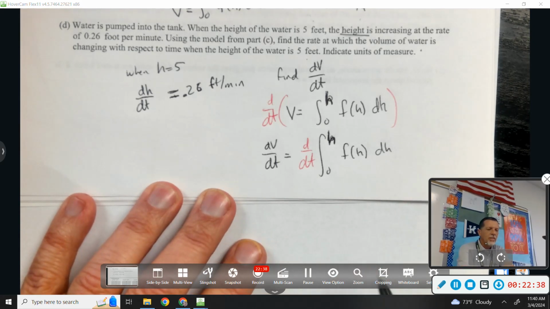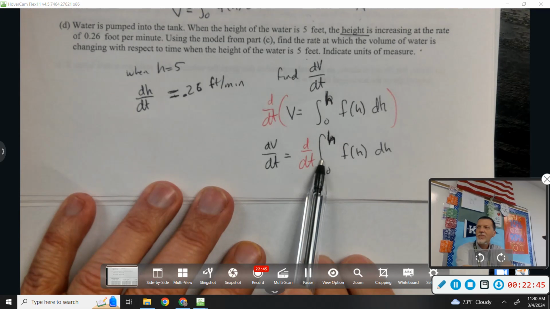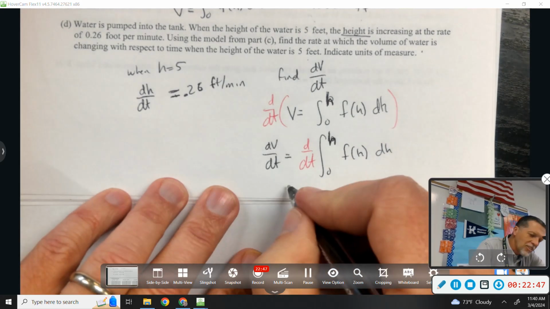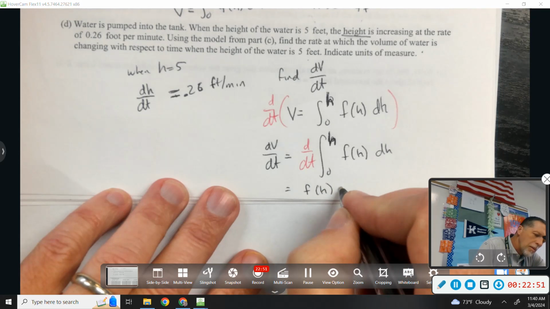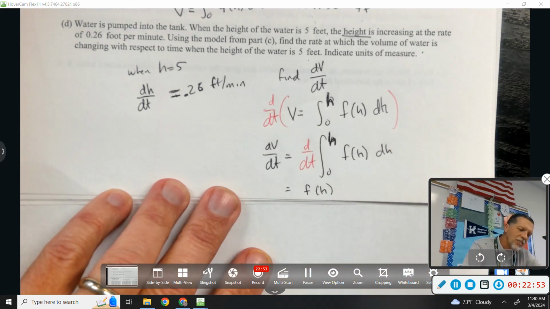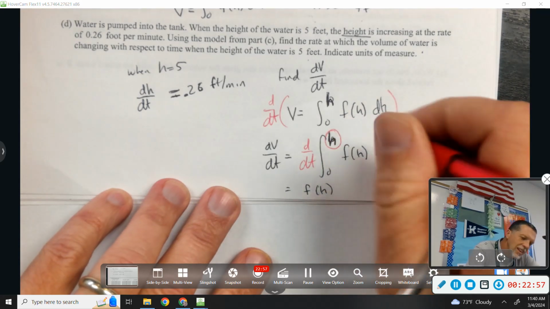So I've got the derivative of an antiderivative. What do I do with the derivative of an antiderivative? They kind of just cancel each other out. But they cancel each other out, but what do I have to do with that top limit?